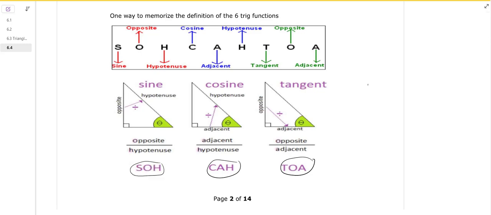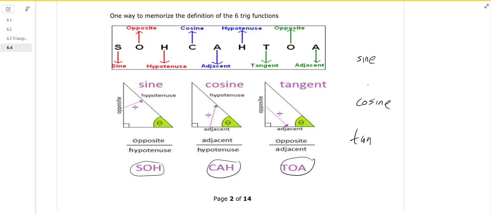When I started teaching trig, which would probably be maybe 1991, 92, I gave my students a contest to see who could figure out some funny way to remember this, and this is what one guy came up with. You have the sine, the cosine, and the tangent.